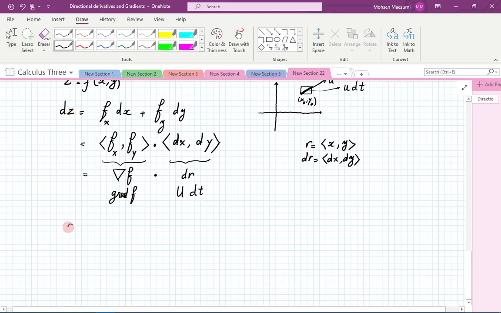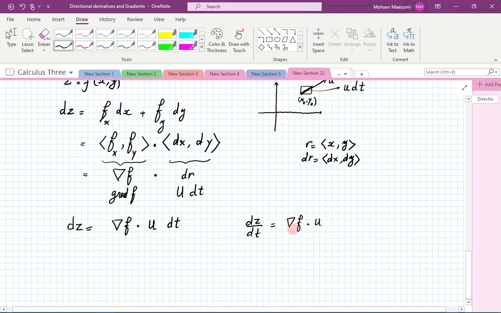So in short, we get dz equals del f, or grad f, dotted with u dt. We can write it like this: dz/dt, the rate of change of z with respect to t, where t is a parameterization along this vector, is going to be del f dotted with u.